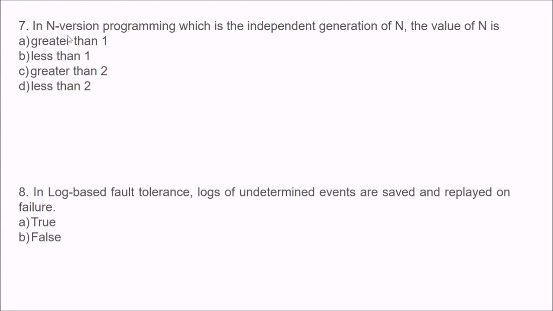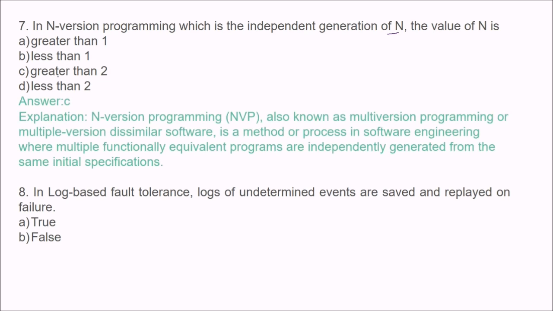Now the next question is, N-version programming, which is the independent generation of N versions. What is the value of N? The answer is C, greater than 2. N-version programming, or NVP, is also known as multi-version programming or multi-version dissimilar software.